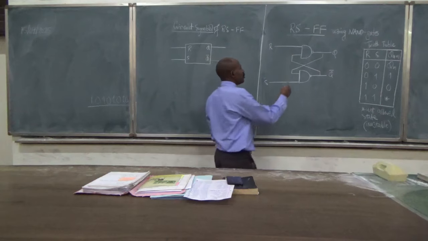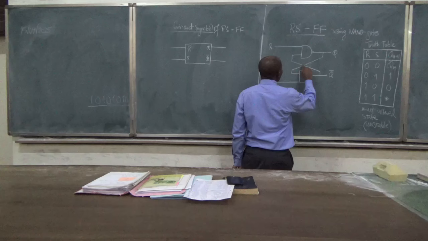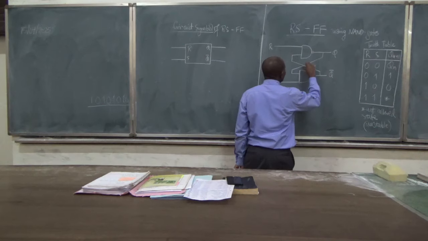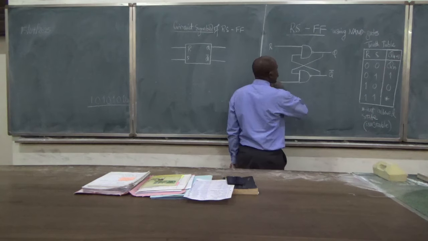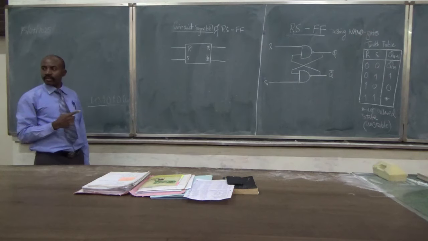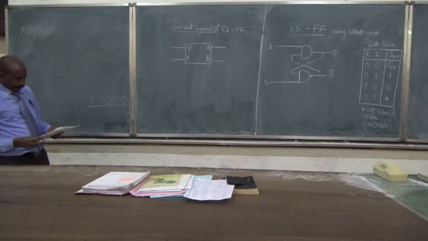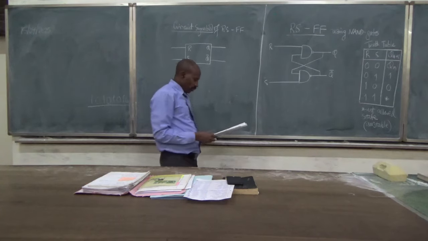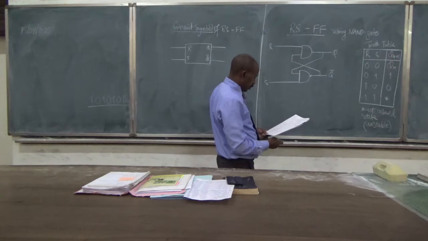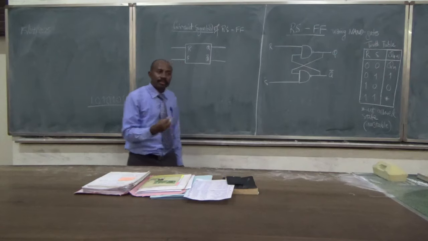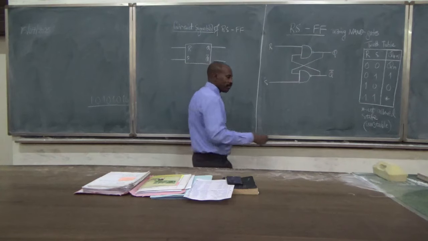These things I should be drawing them as this, but it is laborious. So I'm keeping faith with you that whenever we have crossing wires and they are not having a dot, they are not connected.